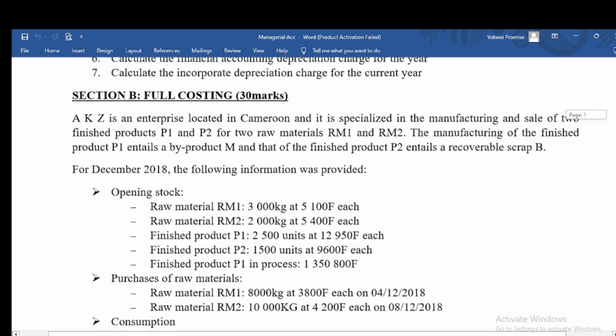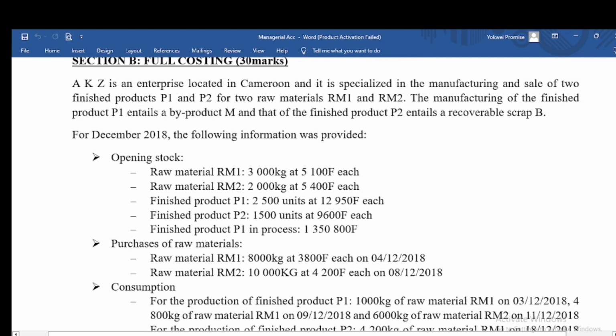So the stock valuation of raw material M1: the first date that we have is the opening stock, on the 1st of December, 3K units at this price.